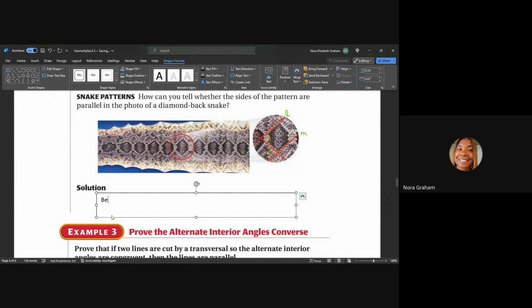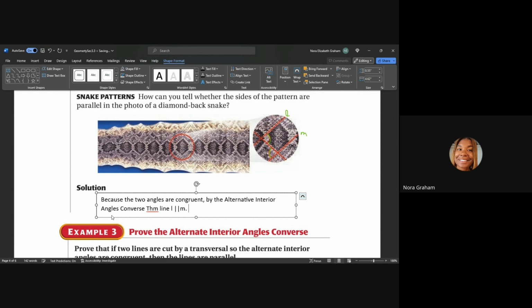We know because the two angles are congruent by the alternate interior angles converse theorem, lines L and M are parallel to each other.